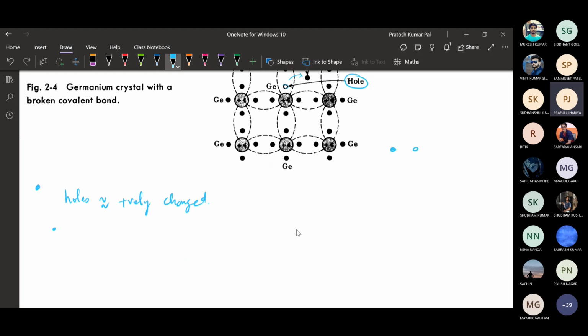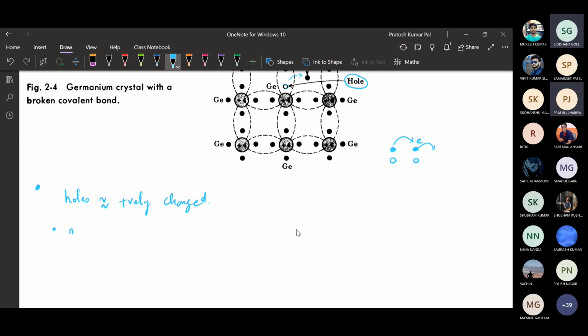Suppose this is an electron, and if the electron moves from here to this location, it will be creating a hole, and if this electron moves to here, it will be creating another. So by leaving an extra empty space, the movement of holes is considered to be opposite to that of electrons.